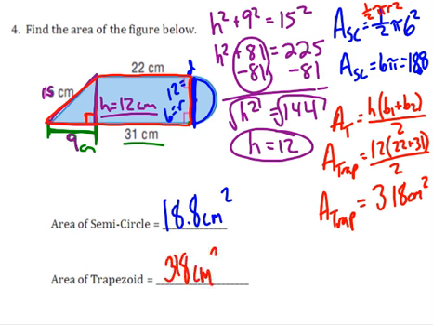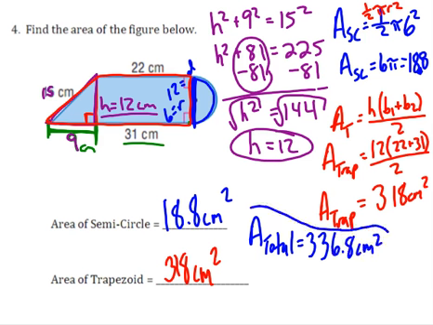So sweet. This is easy enough, because 31.22 times 12, sweet. You have an area of the total thing equal to those two things added together, so you get 336.8 centimeters squared.